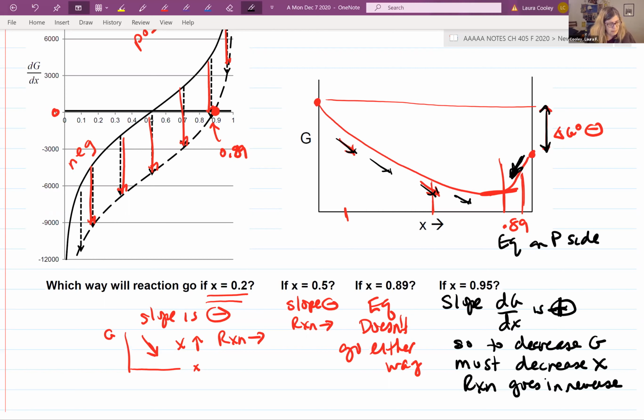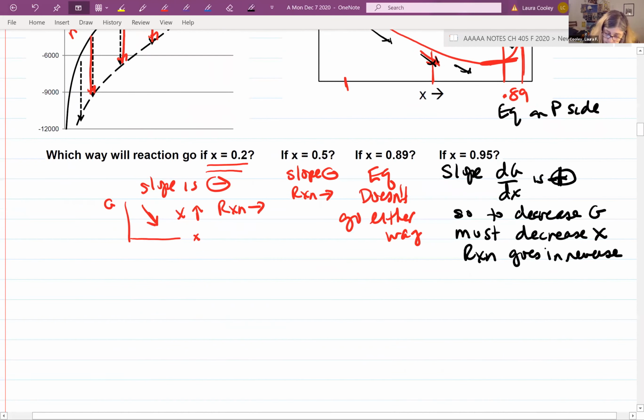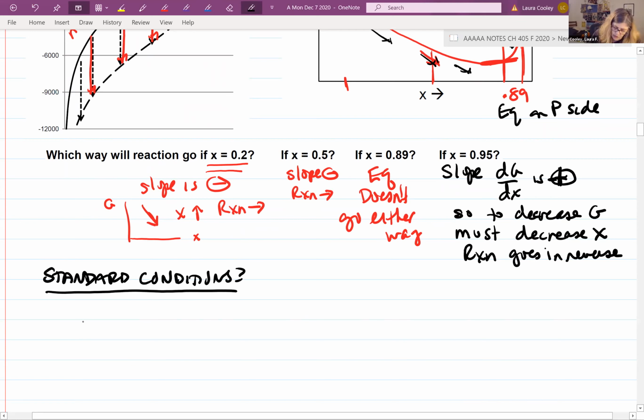So let me just mention what happens under standard conditions, because I just brought that up and I might as well. So first of all, we have this dG/dX is delta G0 plus RT log, for this simple case, PB over PA.